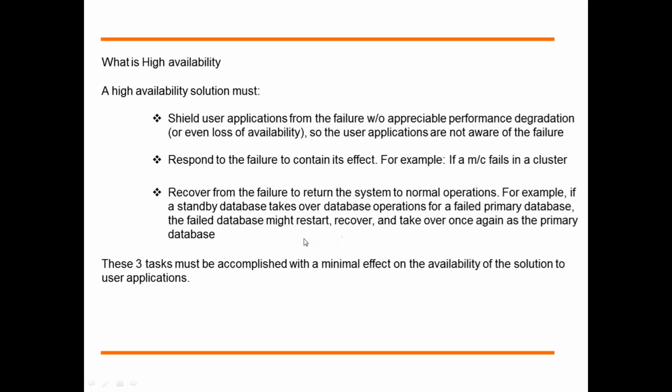For example, if a standby database takes over database operations for a failed primary database, the failed database might restart, recover, and take over once again as the primary database. These three tasks must be accomplished with a minimal effect on the availability of the solution to user operations.